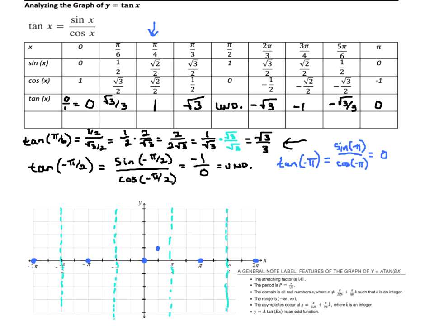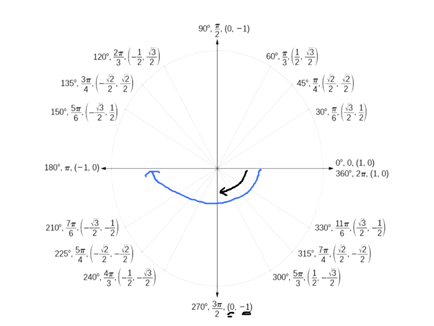And I can have, let's check negative pi over 4, so I can work between my two asymptotes here. So the tangent of negative pi over 4 is equal to the sine of negative pi over 4 over the cosine of negative pi over 4. Let's go back.